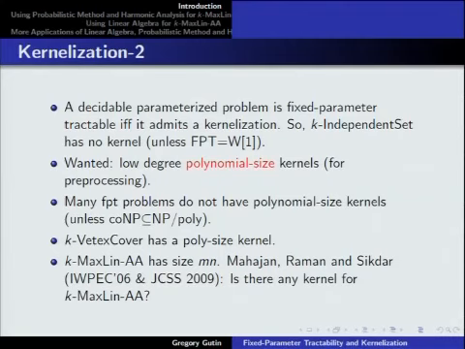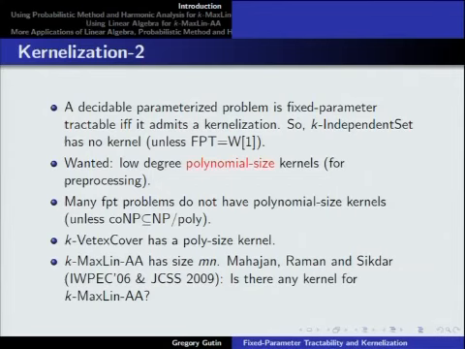What is interesting but not difficult to prove is that a decidable parameterized problem is fixed parameter tractable if and only if it admits kernelization. And so we believe, therefore, that k-independent set has no kernel. What is interesting is to get polynomial size kernels, because kernelization is basically preprocessing.